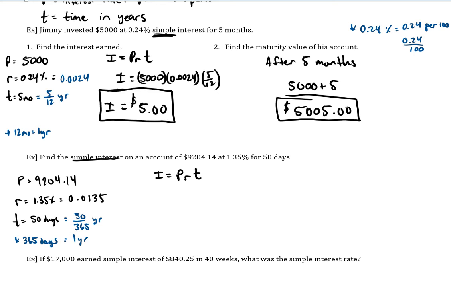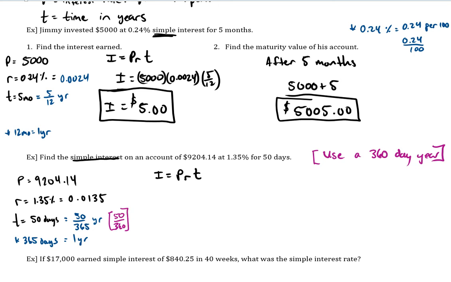Okay, as a side note, they might say, use a 360-day year. Sometimes they say that. So instead of 50 divided by 365, we would have done 50 over 360 if they said that.